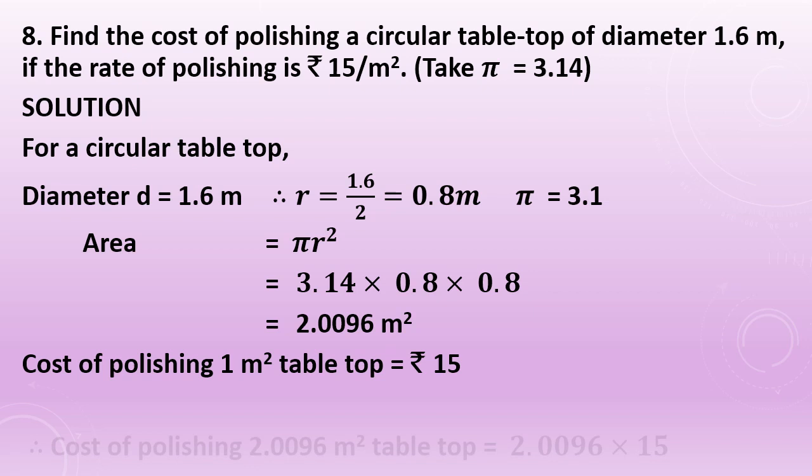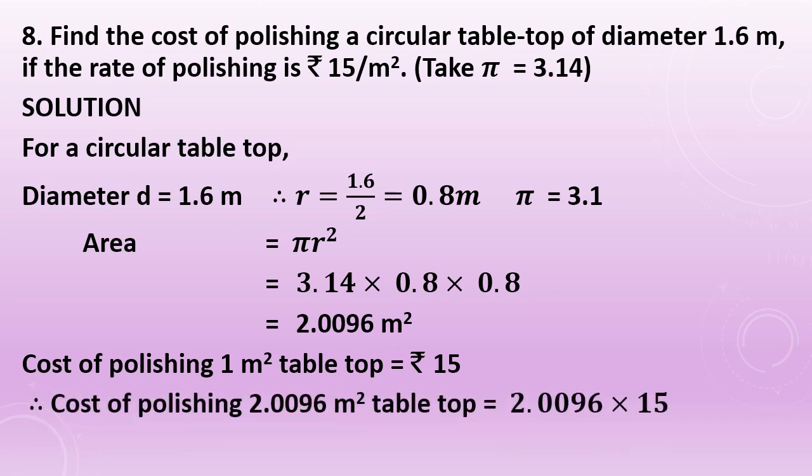Therefore, the cost of polishing 2.0096 meter square of tabletop equals 2.0096 multiplied by 15, which gives rupees 30.14 approximately. So the cost of polishing the tabletop is rupees 30.14 approximately.